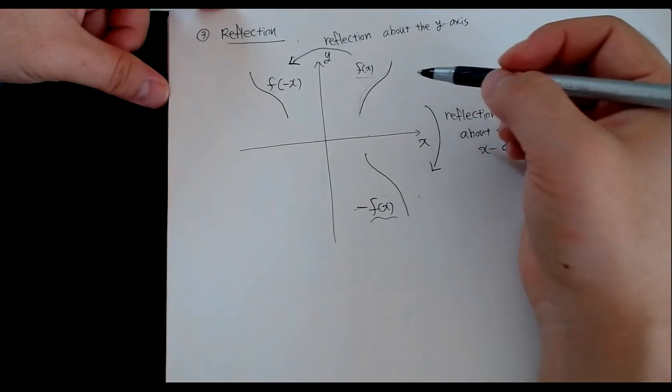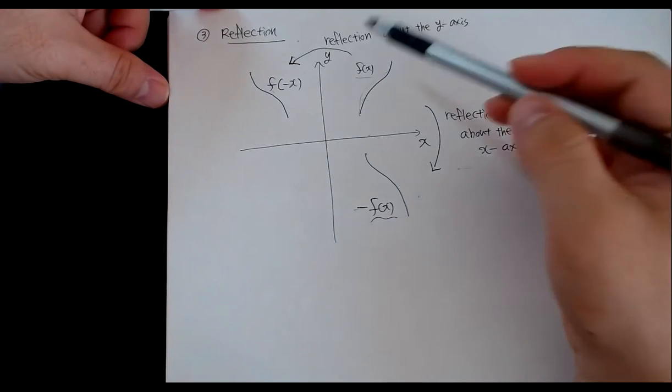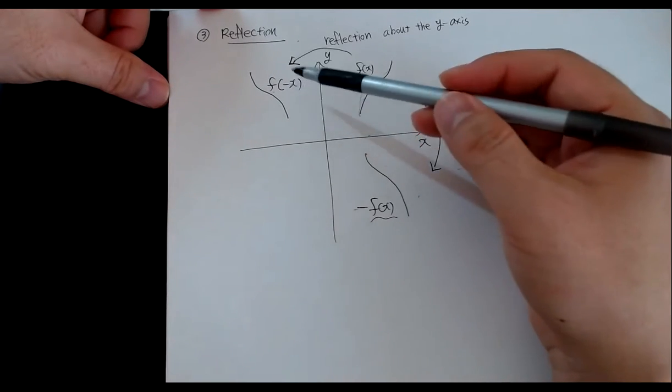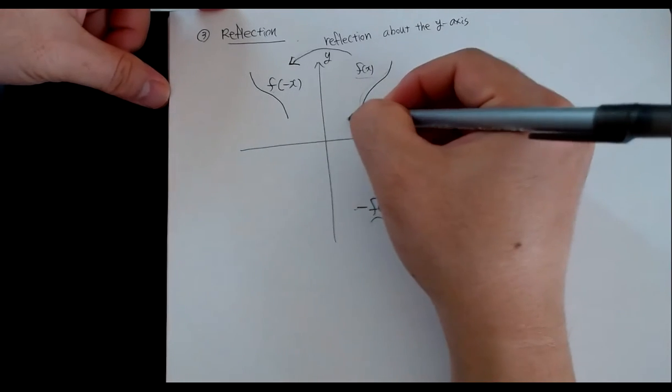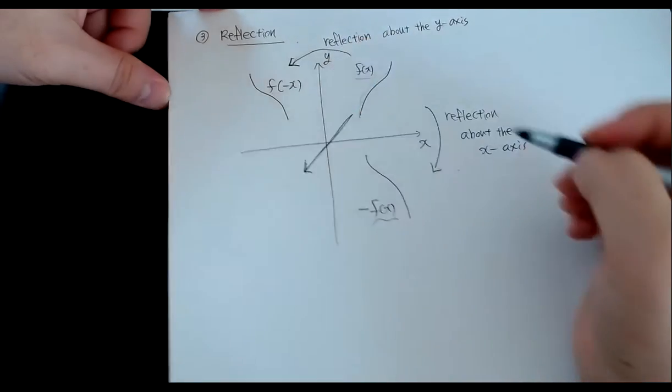The other one is the combination of these two reflections: reflection about the y-axis and reflection about the x-axis. That is called reflection about the origin.